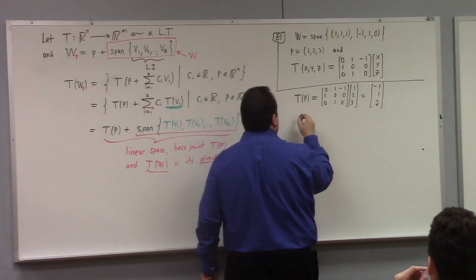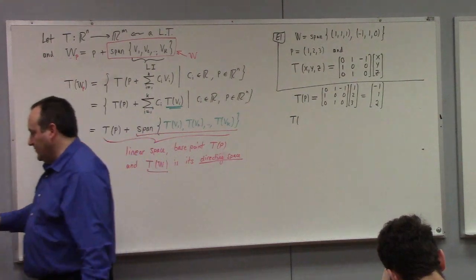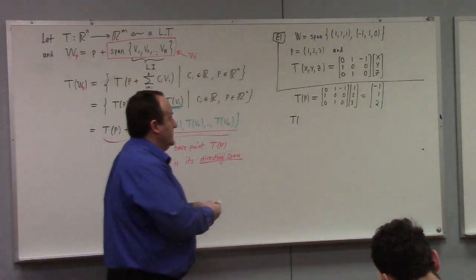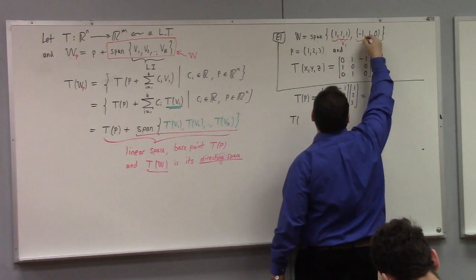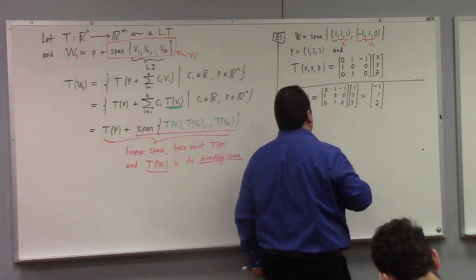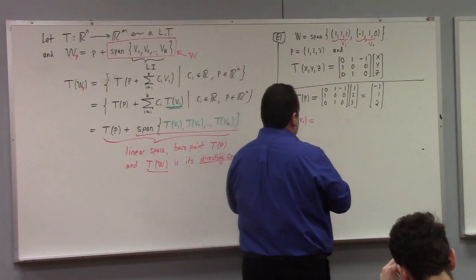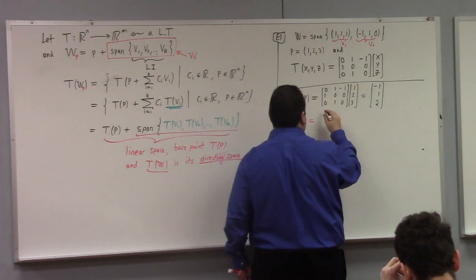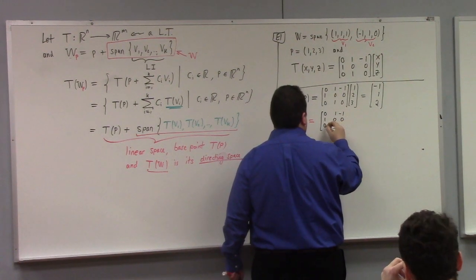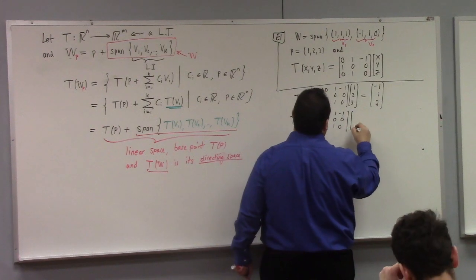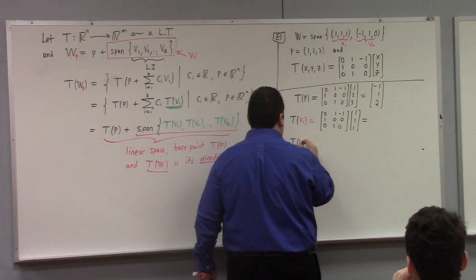Let's give these things some names so that I don't have to keep writing. Let's do some name calling. This is V1, and this we'll let be V2, okay? So what's T of V1? What is T of V2?